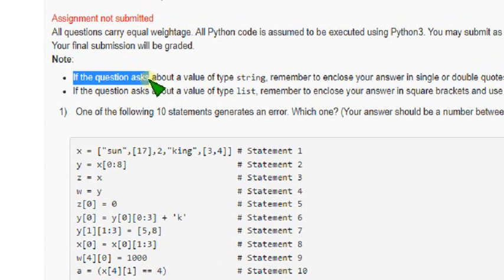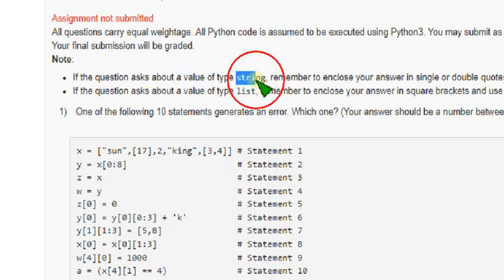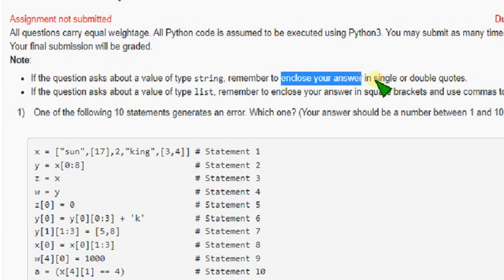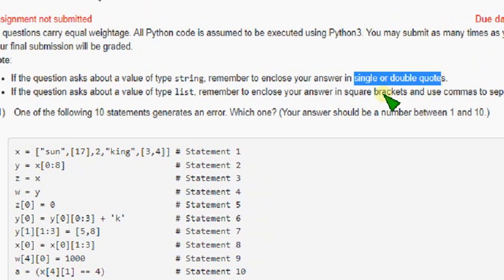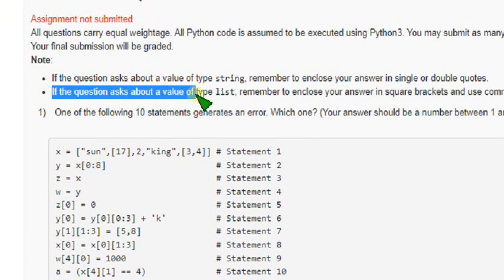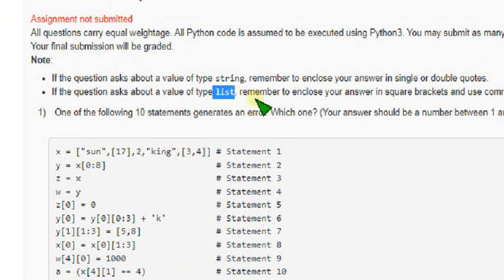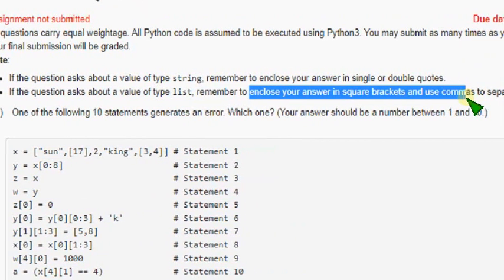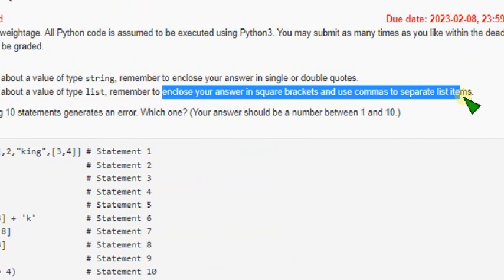If the question asks about a value of type string, remember to enclose your answer in single or double quotes. That's what I have shown in question number 3. So in this question 4, if the question asks about a value of type list, remember to enclose your answer in square brackets and use commas to separate list items.